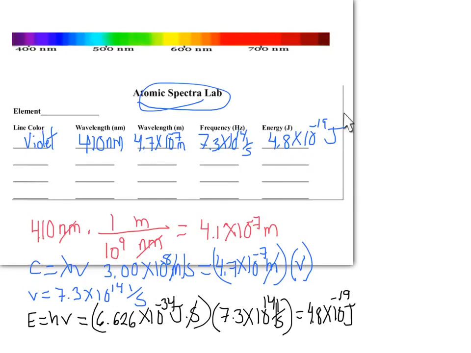How about energy? It's 4.8 times 10 to the negative 19th of a joule. That's a really small number. Hopefully that makes sense because it's a wave of light. We have lights around us all the time. If they had a lot of energy, then we'd feel that. So it's a pretty small number, which should make sense.